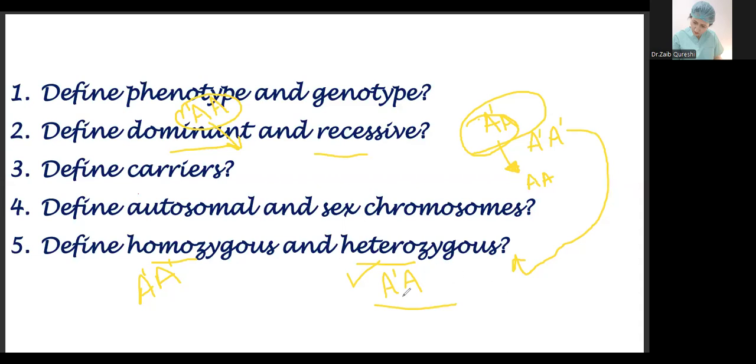A heterozygous person who has only one mutated gene and this dominant condition will show the disease. He's not a carrier. In a dominant state, we don't have a carrier. But in a recessive case, we will only have a diseased person if the person is homozygous for the disease.